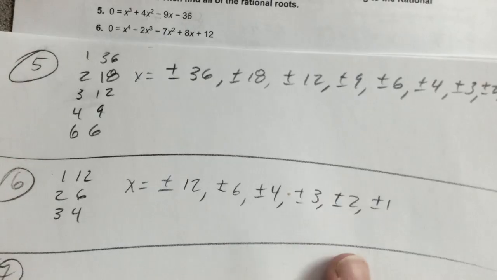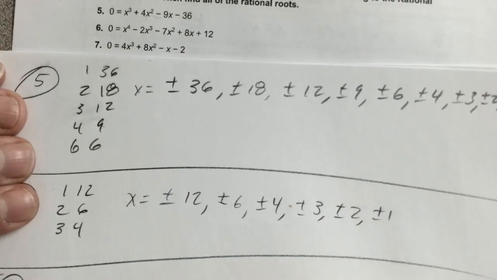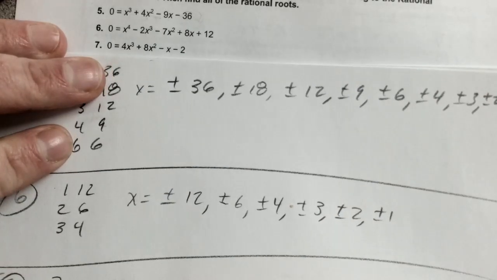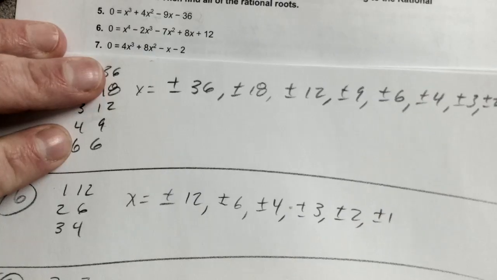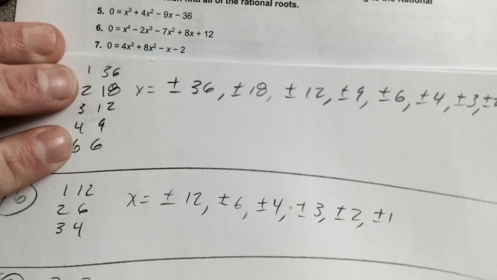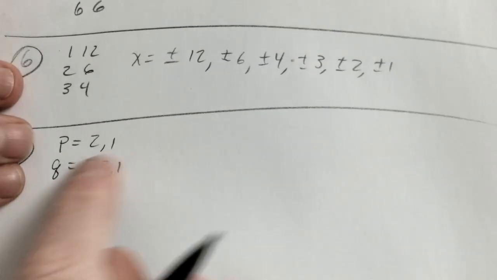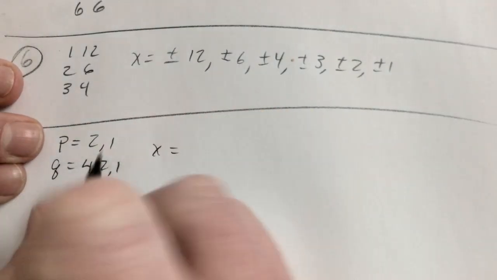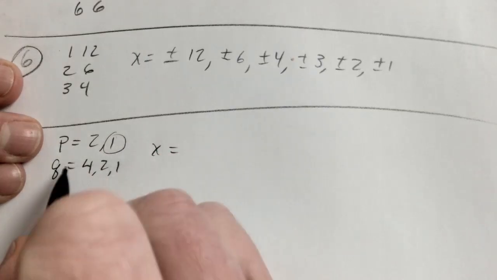Number 7 is where things get a little bit more interesting. So my P factors are 2 and 1. My Q factors are 4, 2, and 1. All right, so all the potential rational roots, x can equal. I'm going to start with 1 and divide it by all these guys.